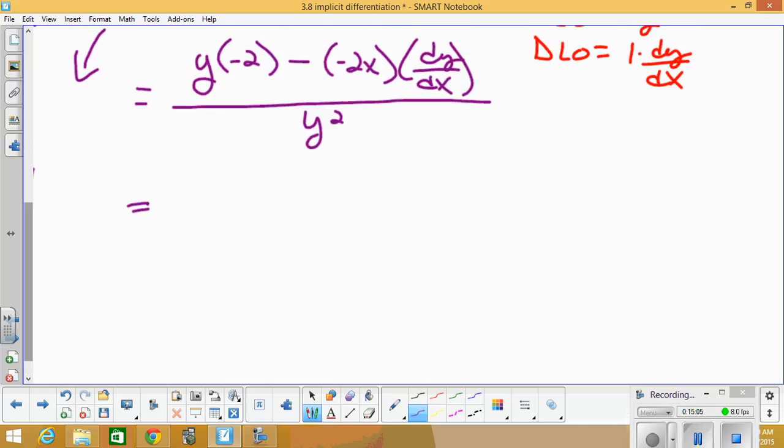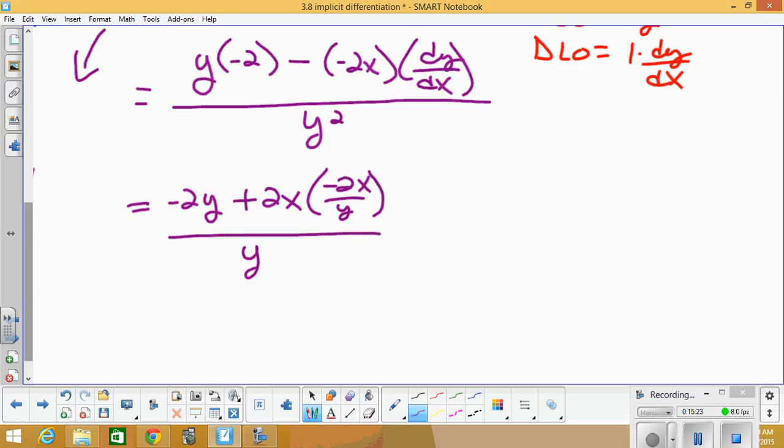And I have y, we'll simplify this while we're going. Negative 2y plus 2x times the negative 2x over y, all over y squared.